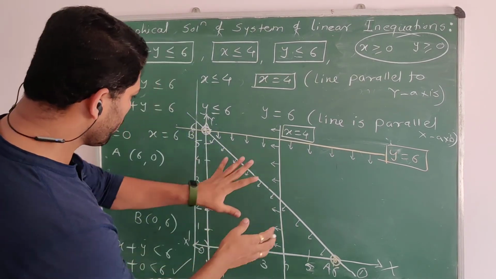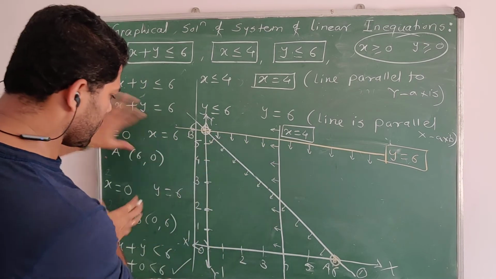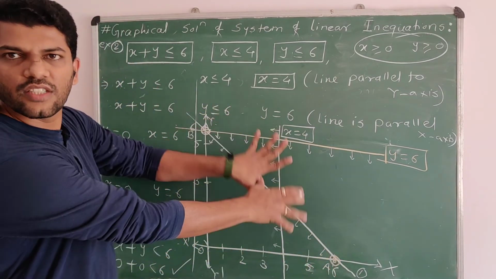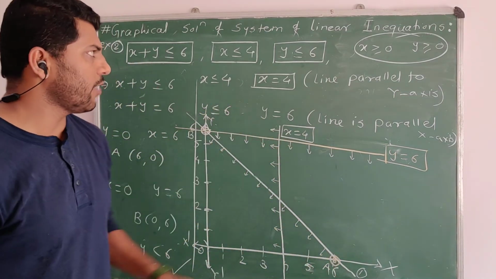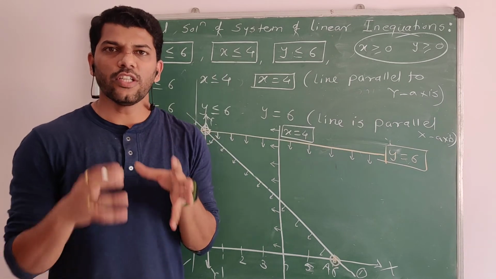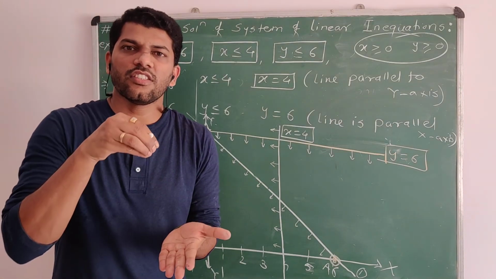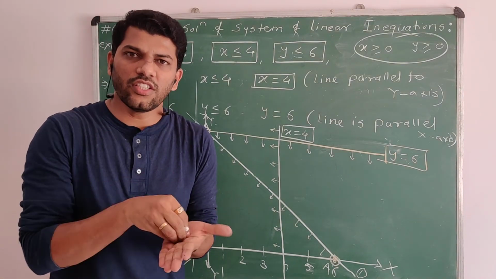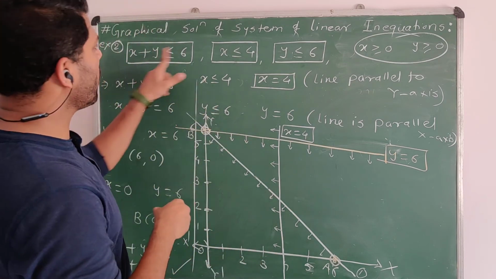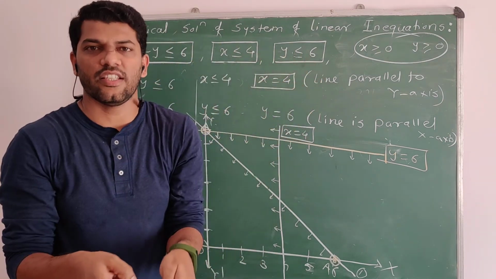So make sure you don't go away from this first quadrant. Everything lies in the first quadrant. Now get back to the feasible region. What is a feasible region? It is the region which satisfies all these three inequalities simultaneously.